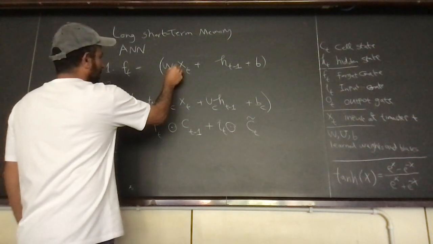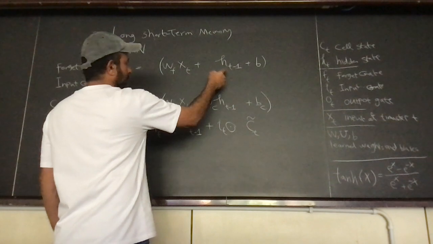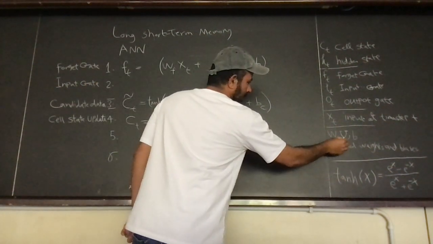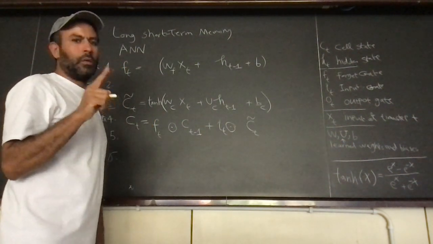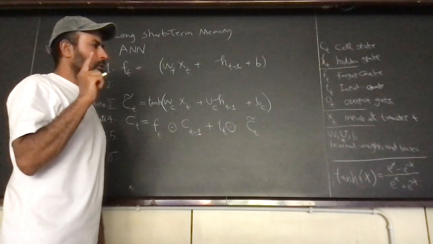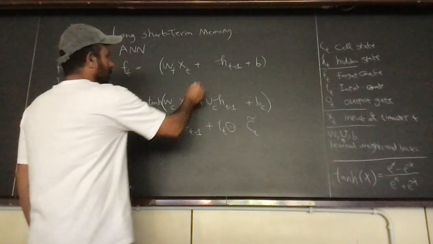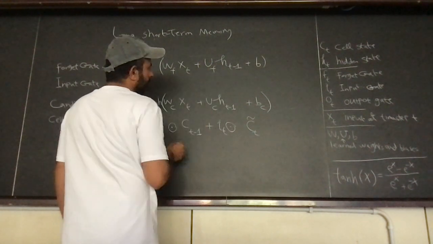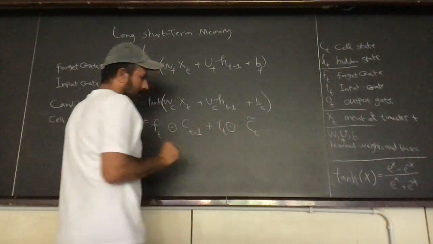Let's give it the sub f, and also here the weights for the h. We have agreed that it's this U. U is the matrix of weights for the hidden state. And we give it the sub f, and the same for the bias, because we have different biases.